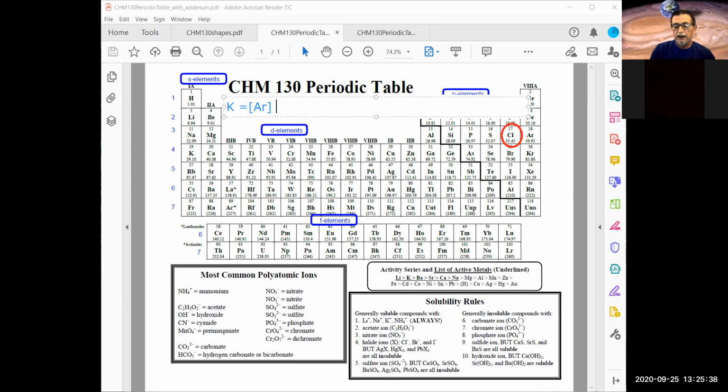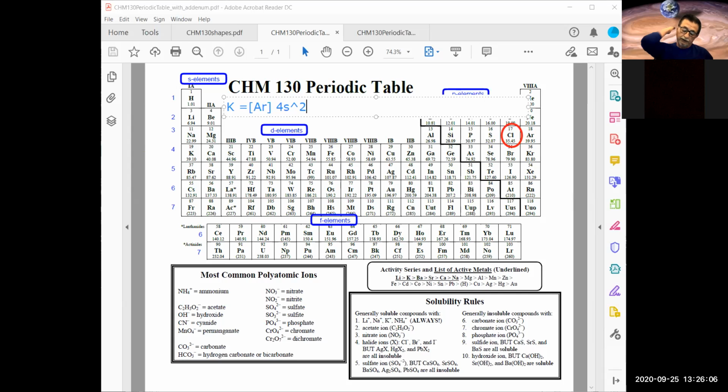And then you see that potassium is in the 4th energy level, in the S block, and it's 1A, which means it's got one valence electron. So that is the shorthand method to write the electron configuration for potassium. And if I were doing calcium, I just change that 1 to a 2, okay? And so on and so forth.